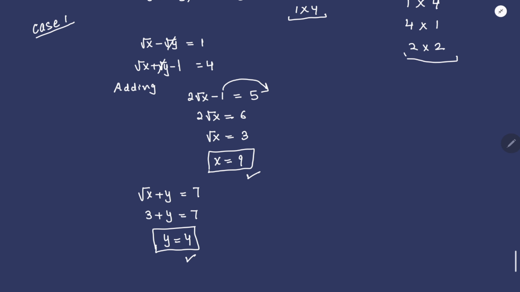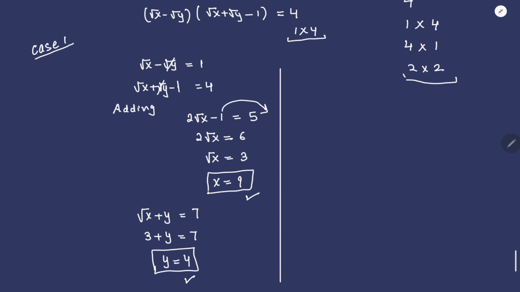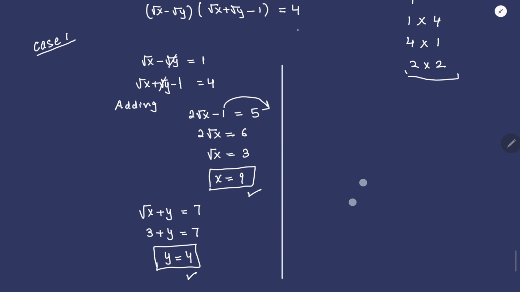Now we will take case 2. Instead of 1 times 4, I will take 4 times 1. This is case 2, right? So under root x minus under root y is 4 and under root x plus under root y minus 1 is equal to 1, right?